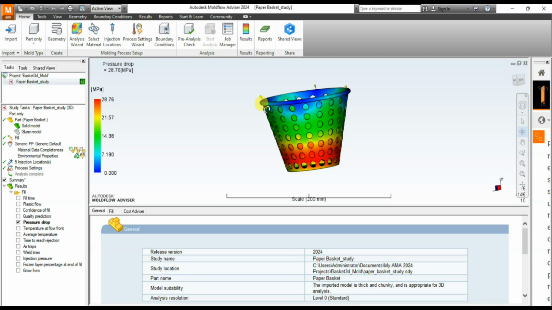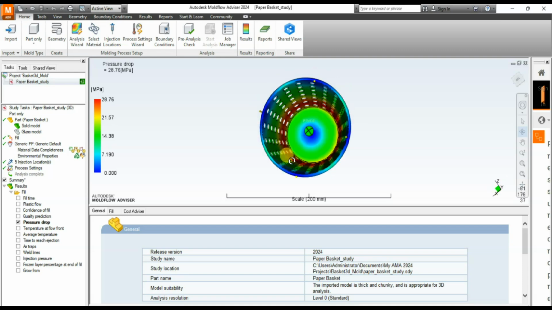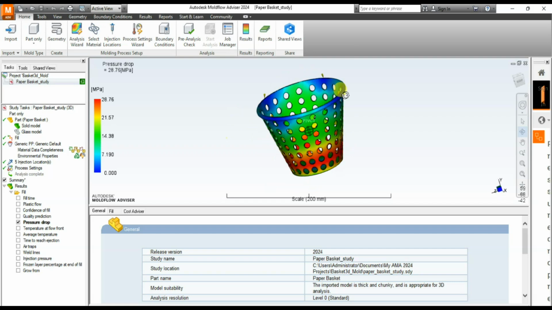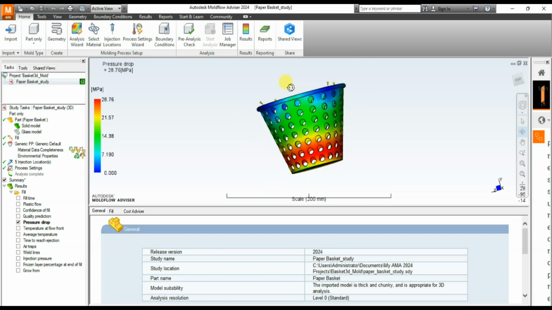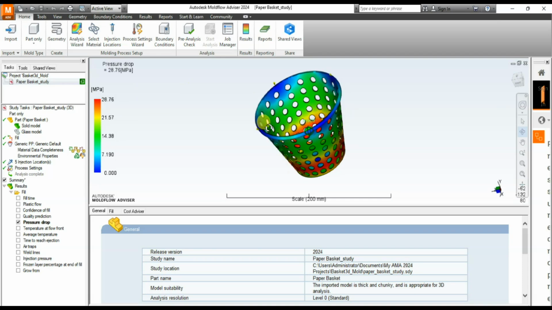Now, as shown in this case study, which I'm using for the purpose of this simulation research, you can see the color at each place on the model represents a drop in pressure. The unit here is MPa, so this is pressure. And like I said, the color in each place in the model represents the drop in the pressure from the injection location.